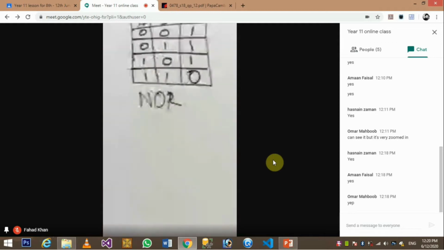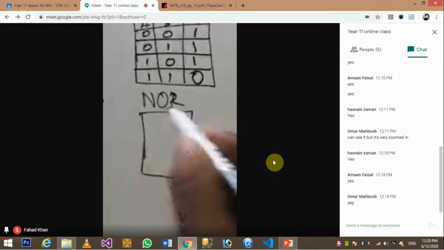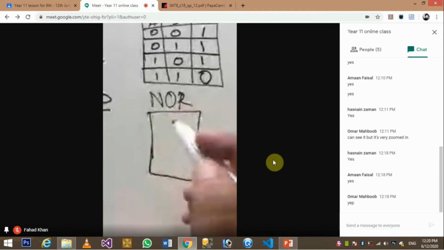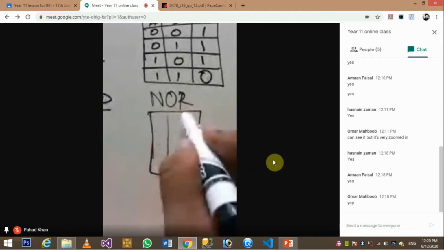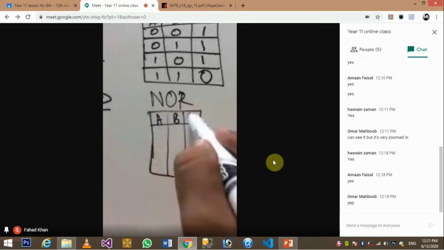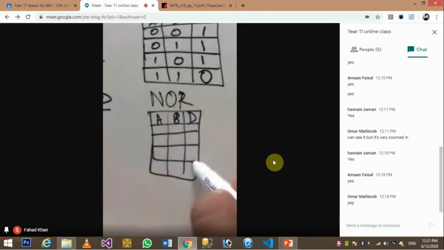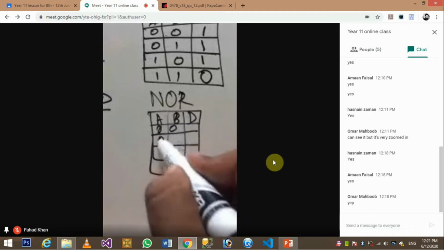Moving on to the NOR gate, that would be the opposite of OR. A, B, D or C, anything you can write. 0 0, 0 1, 1 0, 1 1.